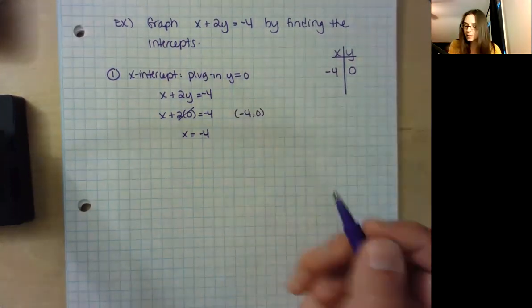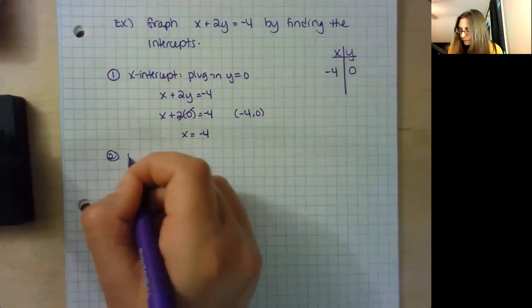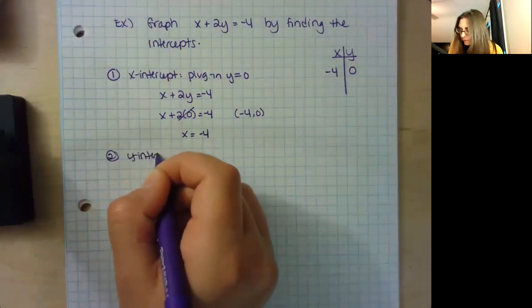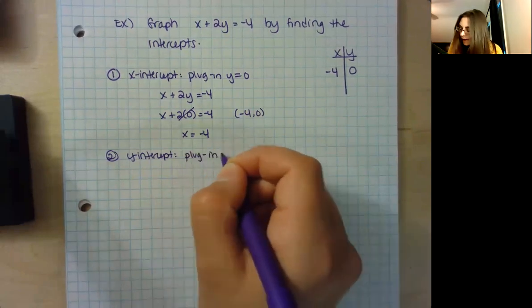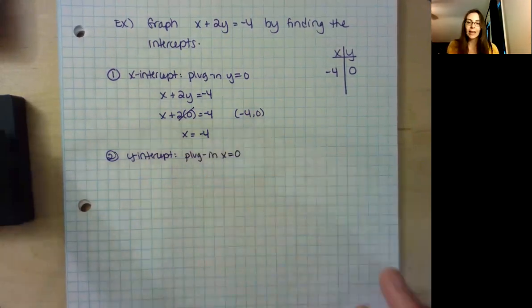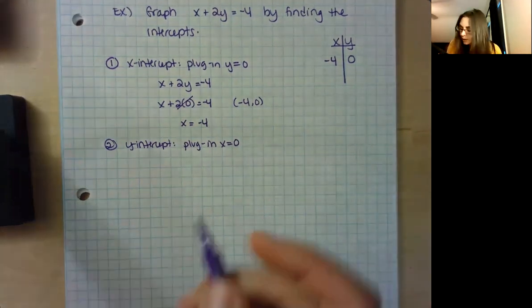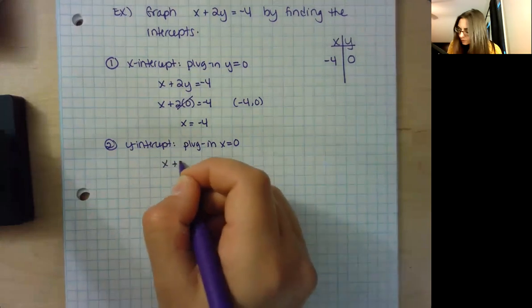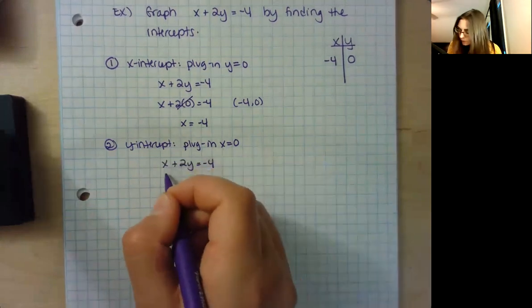That is my x-intercept. So I'm also going to find the y-intercept. So for the y-intercept, we always plug in x equals 0. Think of these really as definitions. So I'm going to take that equation and replace the x with 0.